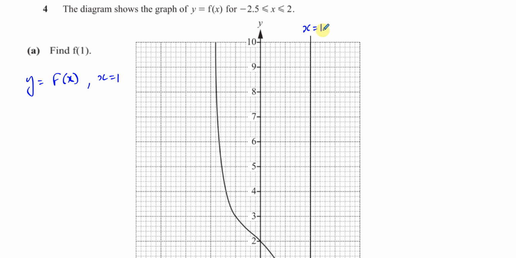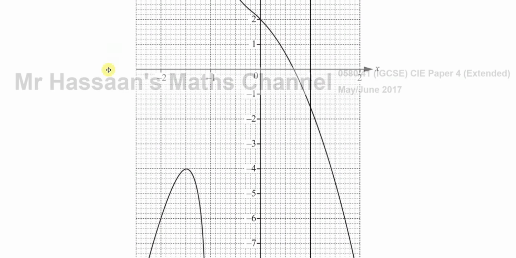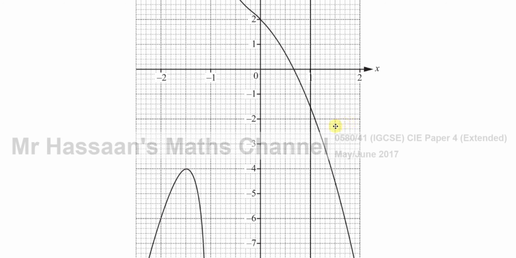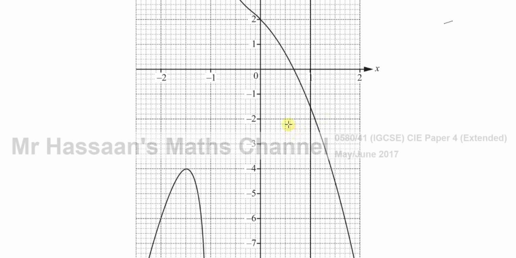We draw the line x equals 1, and where this line hits the curve, we see what the y value is there. We can see it's this place right here. I'll use a dotted line here. It meets the curve about there. So it's almost exactly minus 1.5.